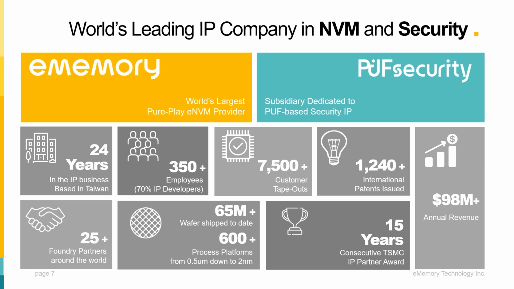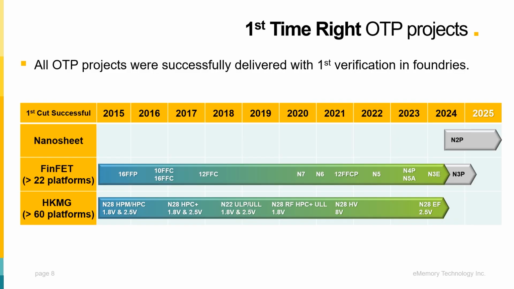Continuing from the previous page, it's clear that whether on FinFET platforms ranging from 16 FinFET Plus, N7 to N3E, or on the nanosheet platforms of N2P, eMemory's OTP technology is always at the forefront of these advanced processes, ready for first-cut work and mass production.